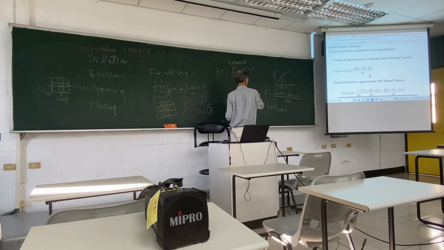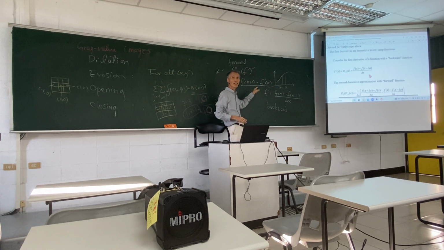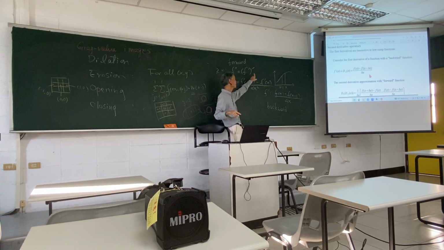So, this is supposed to be what? F prime, because we use forward, should be, right? Square, because this is the first derivative. That's it.